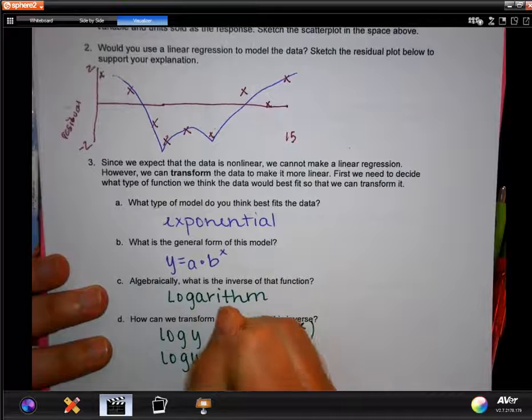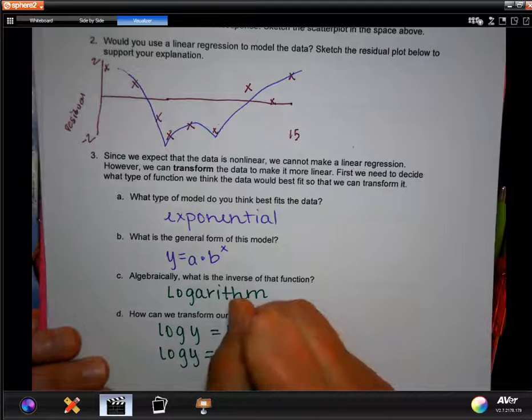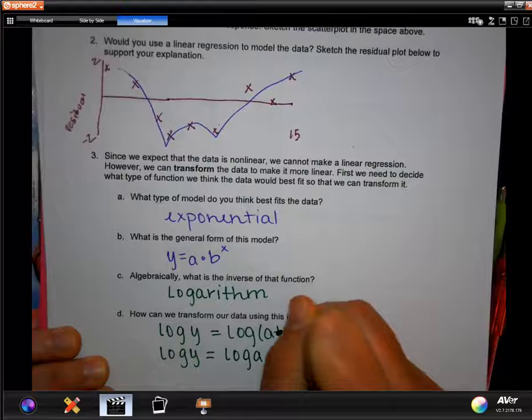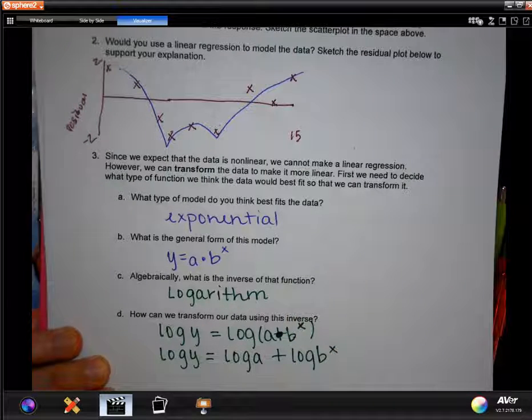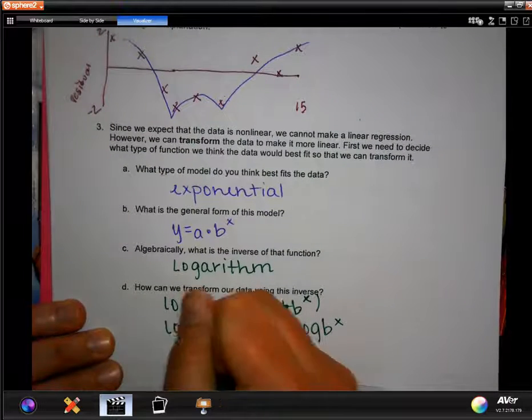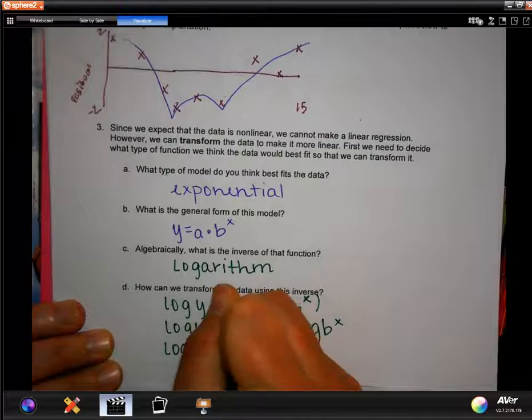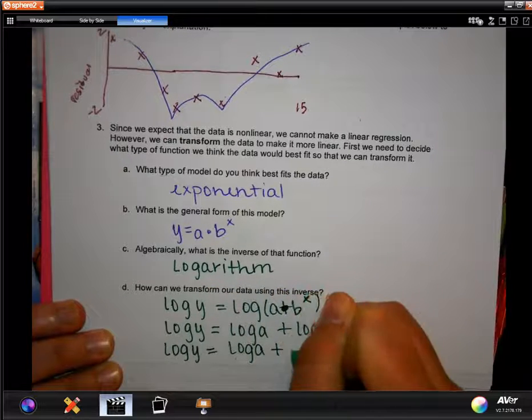But log of a times b to the x can be expanded using your properties of logarithms. Log a plus log b to the x. That's why I put the plus. And then you bring the x down, so x times log b. So look what happens when we take a logarithm of something that looks exponential.